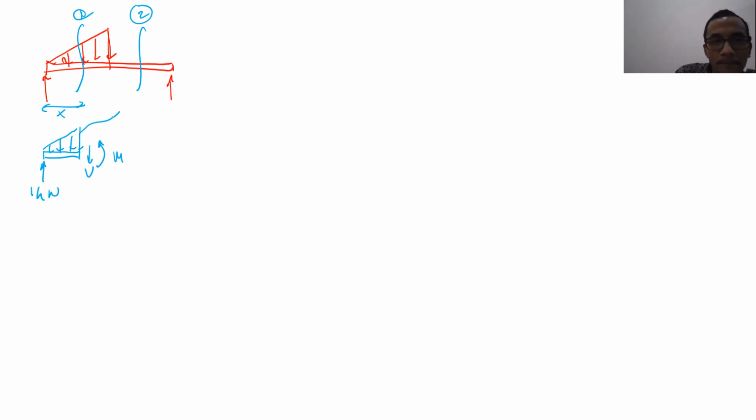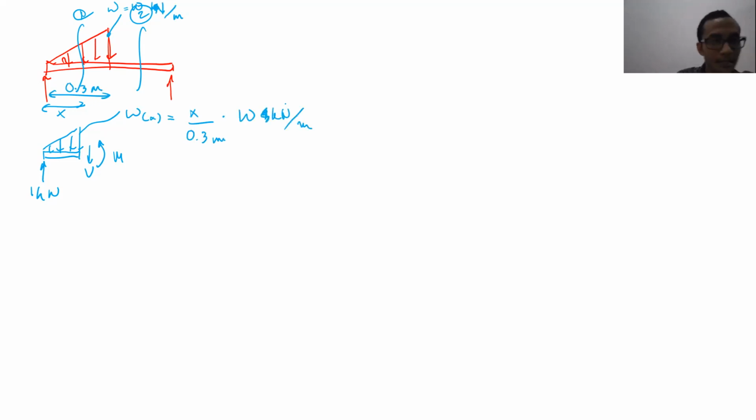For example, if the value of W here is 10 kilonewton per meter at this particular point, then the value of W at X is X divided by the distance, maybe 0.3 meters, multiplied by 10 kilonewton per meter.